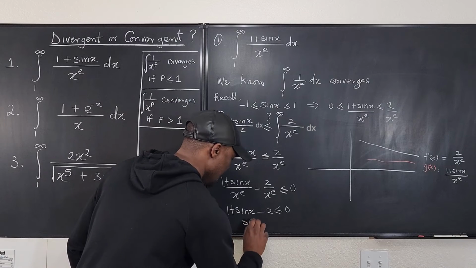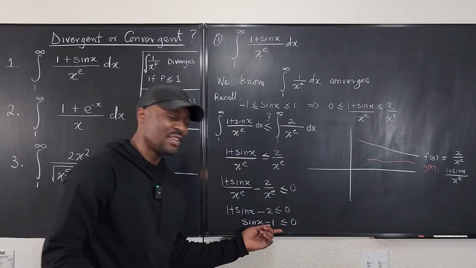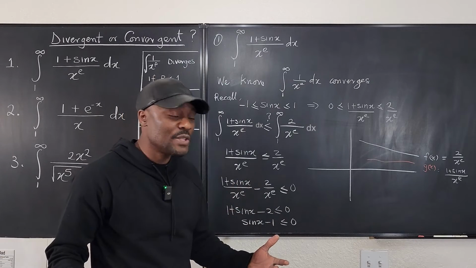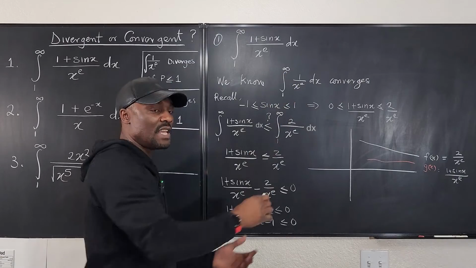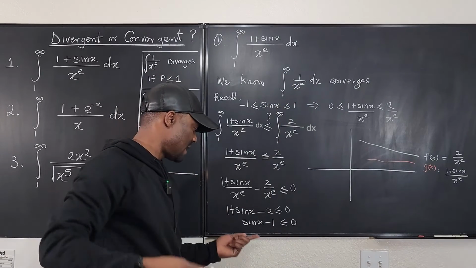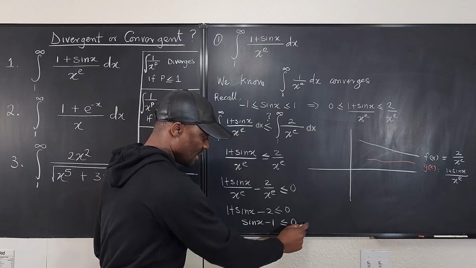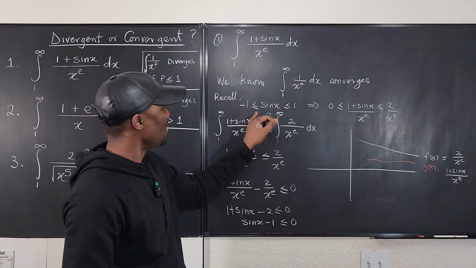So sine x minus 1 is less than or equal to 0. This is a statement that's always true. And remember, how do we know it's always true? Because all the values of x we are using are from 1 to infinity, so they're all positive values of x. And we know that sine x, you can even move this over here and say sine x is less than or equal to 1, which is actually part of what we started with here.